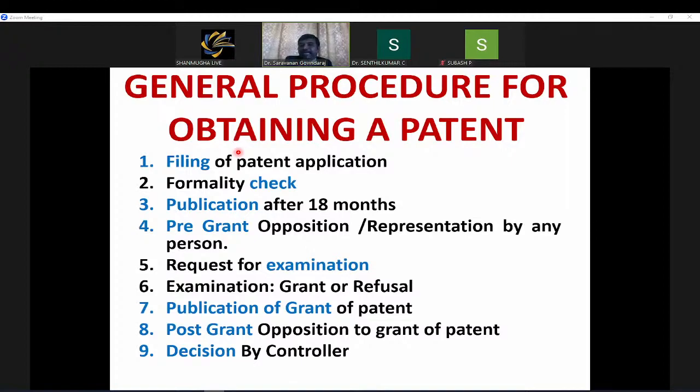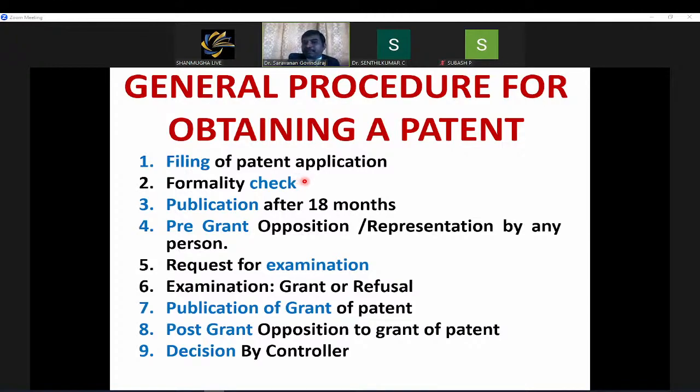First, we should file an application. That is the first and foremost thing we should do. Just like if you want to get a college seat, the first thing is to apply for that seat, similarly, first you should file your application. Then they will formally check your application to see whether everything is written correctly or not.